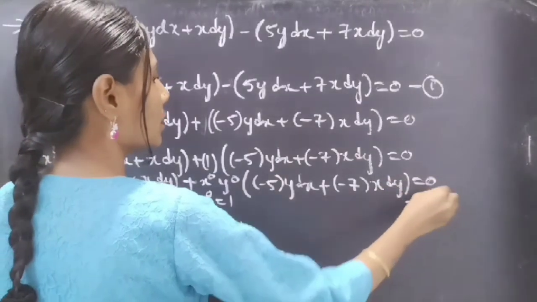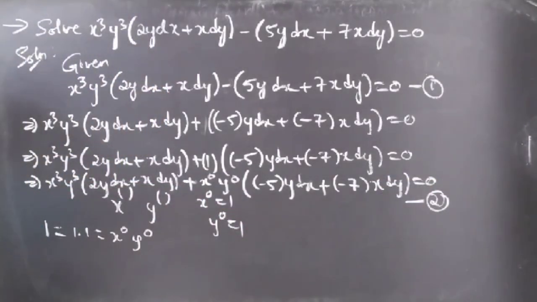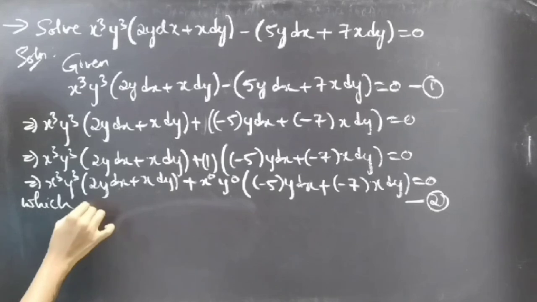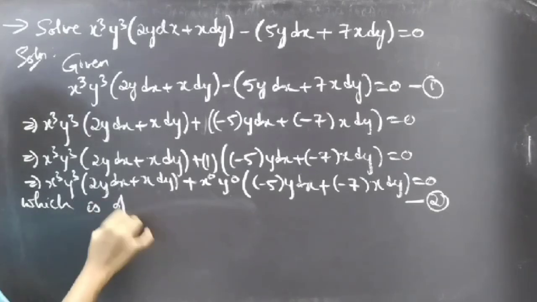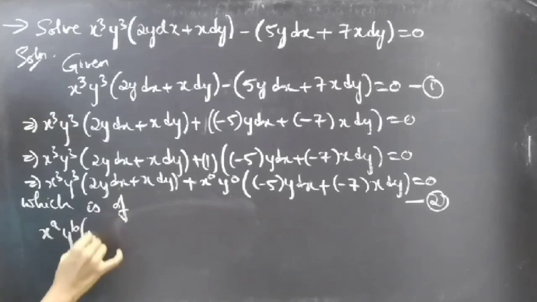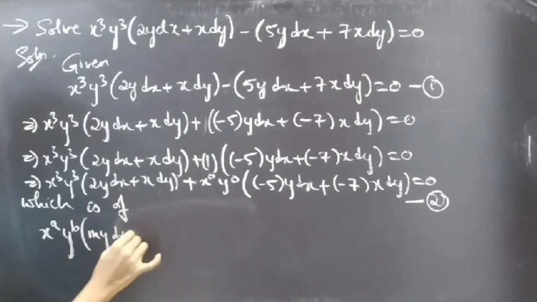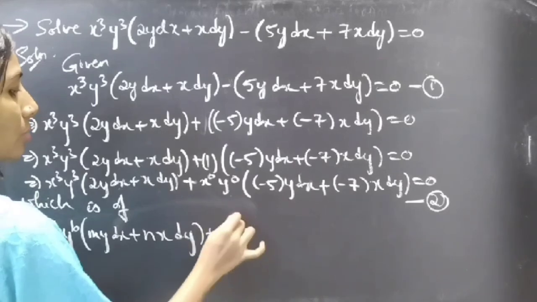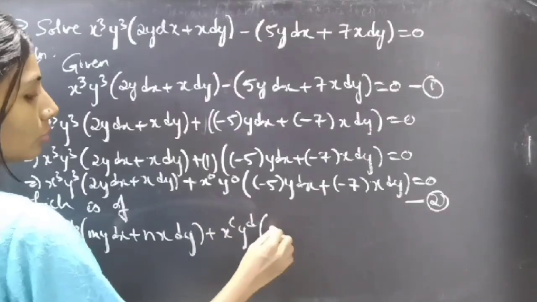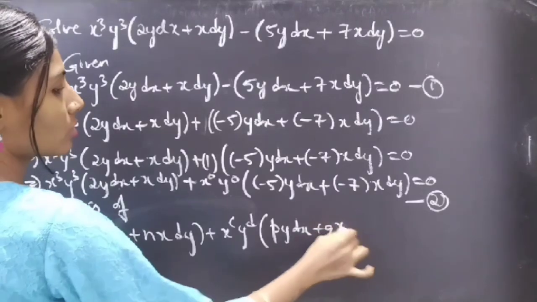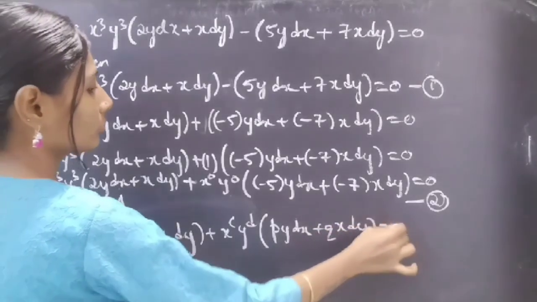I'll consider this as equation 2, which is of x power a y power b into my dx plus nx dy plus x power c y power d into py dx plus qx dy equal to 0 form.